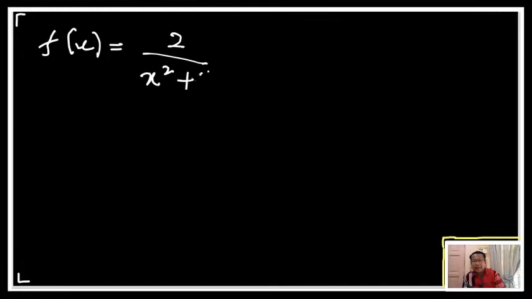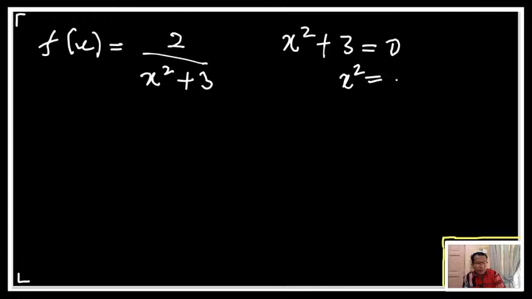Let's look at another example. f(x) equal to 2 over x² + 3. This time, there is no number that we can substitute into x that makes the denominator become 0. x² + 3 is equal to 0, x² is equal to -3.